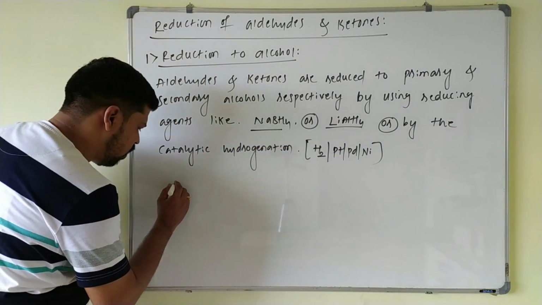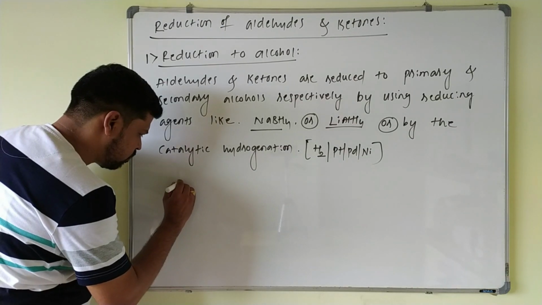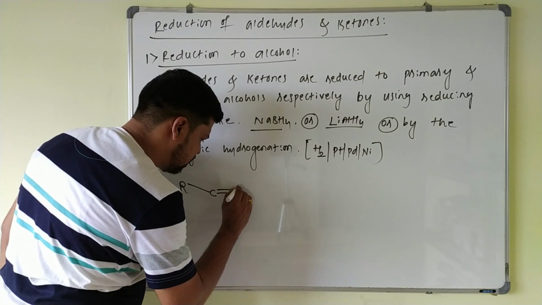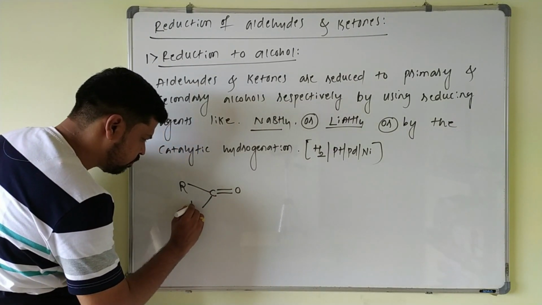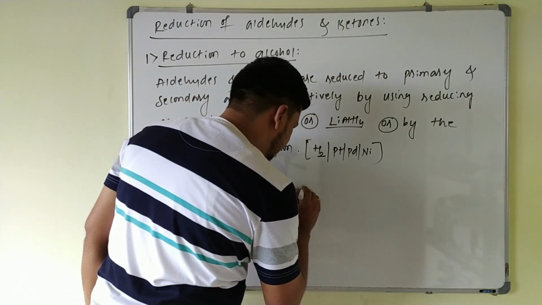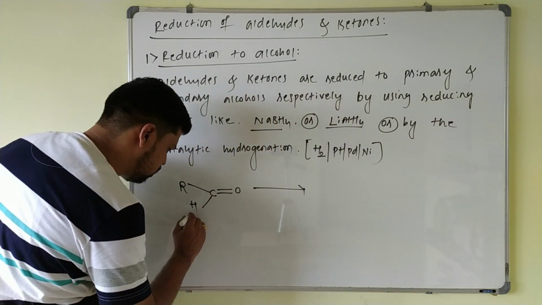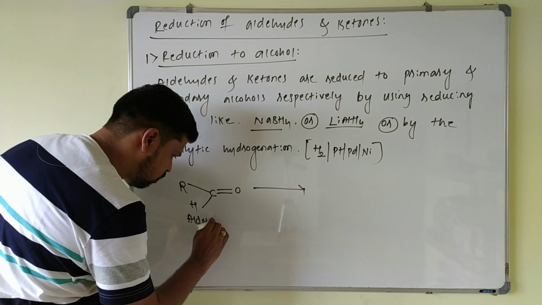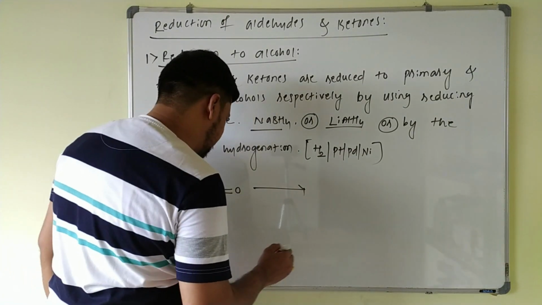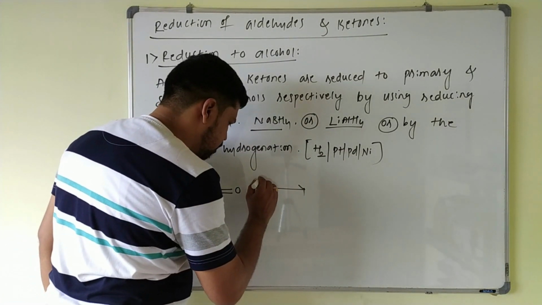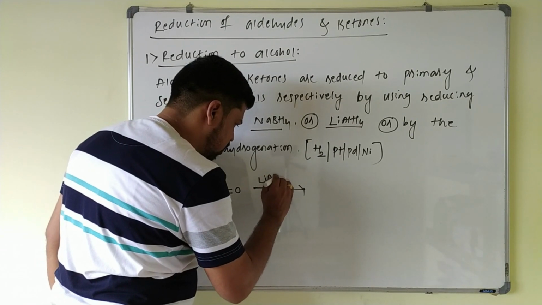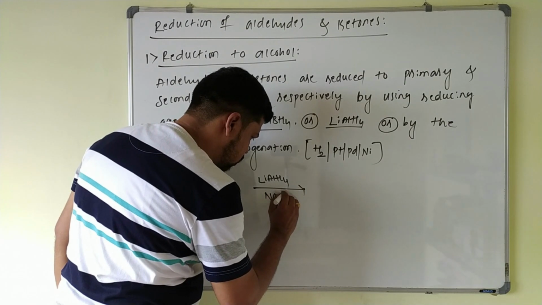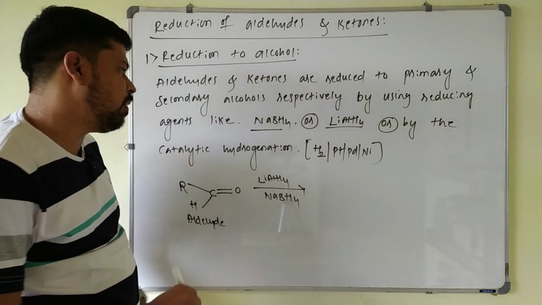So here, if I take aldehyde, this is your aldehyde. It is reduced to the primary alcohol by using lithium aluminum hydride or sodium borohydride or by what?